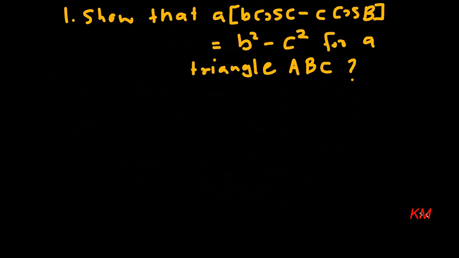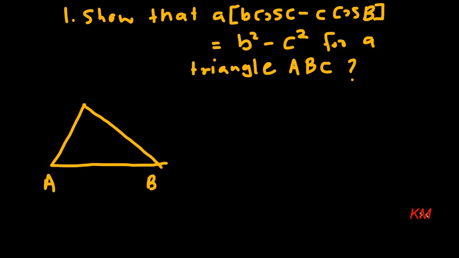Okay guys, now consider this example. First of all, we need to draw the ABC triangle. And this BC line equals a, and this one is c, and this one is b.